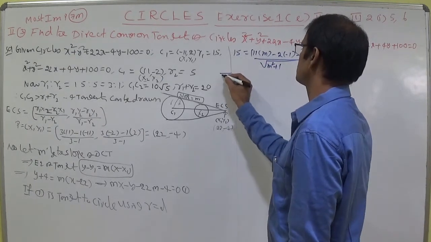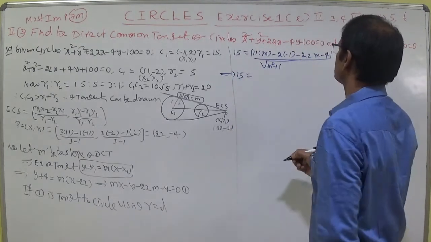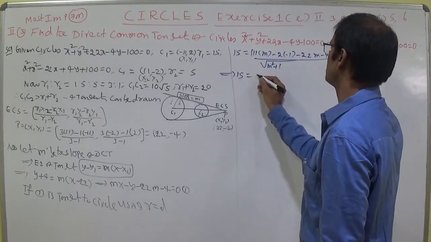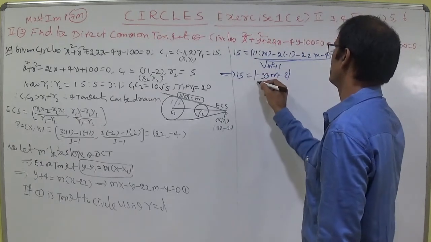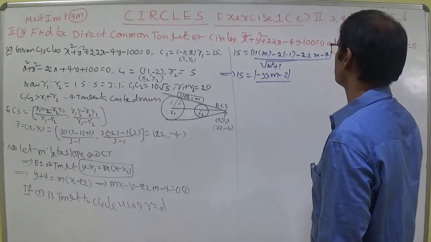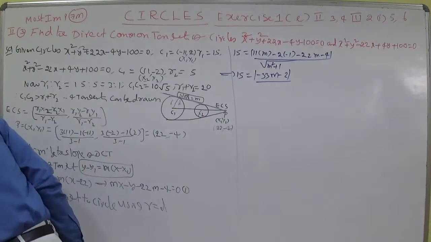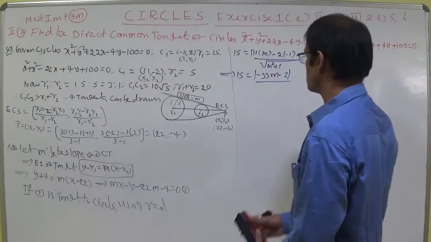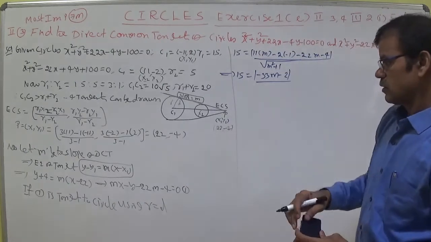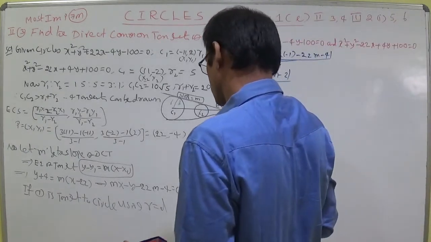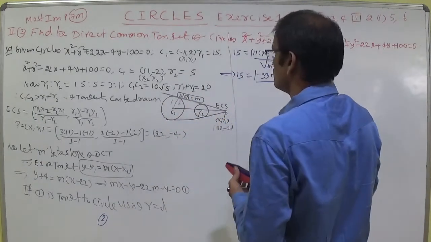That implies 15 is equal to 11m minus 22m minus 33m minus 2, because this is minus 4 plus 2, by root of m square plus 1. I think if you take the second one, it is better. If the line is tangent to circle 2, using r is equal to d, it is okay.